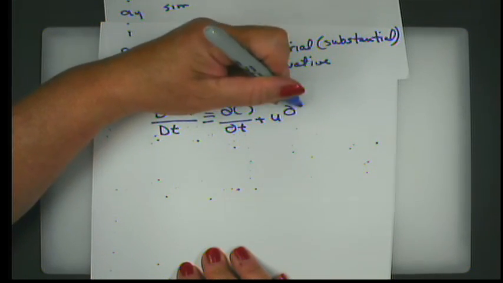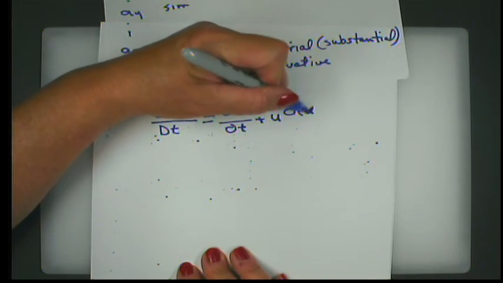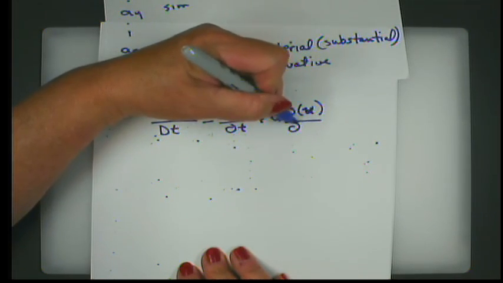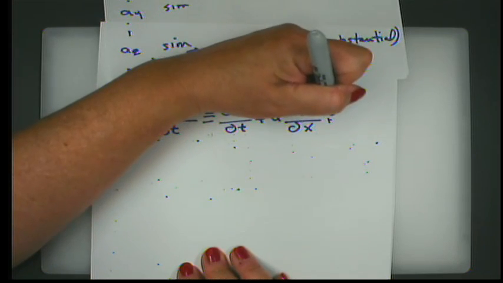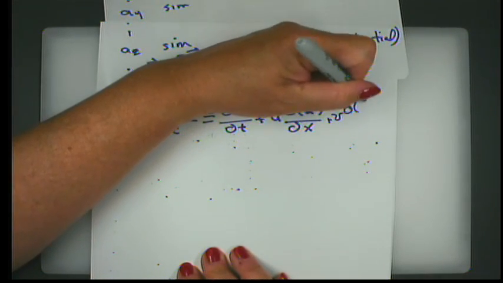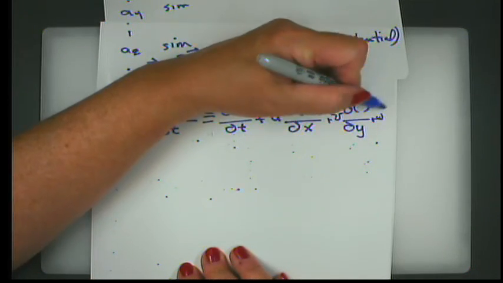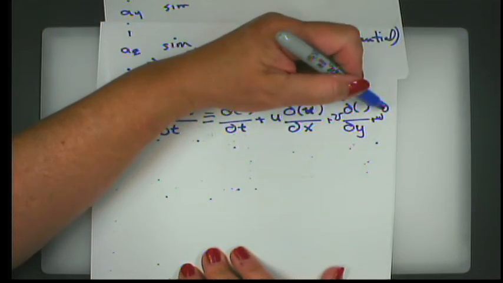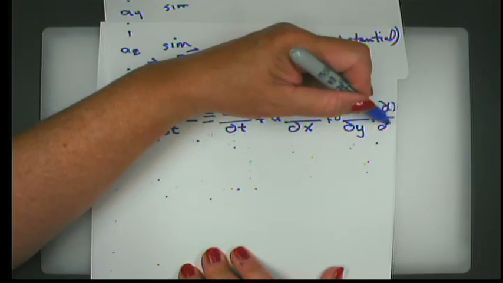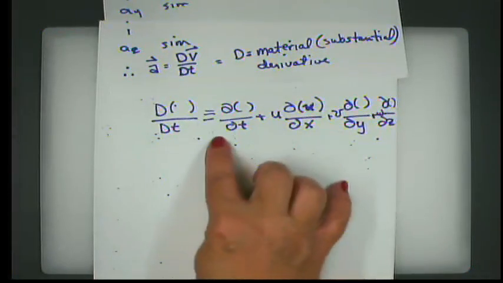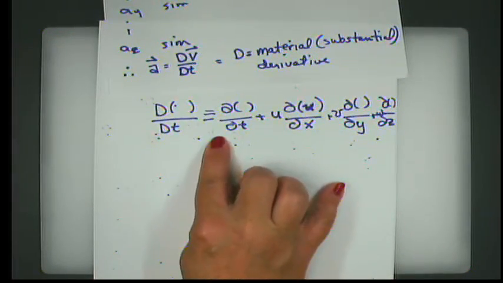This is actually stated really clearly in your textbook, but I just kind of want you to get a feel for what it looks like. And then, of course, we've got the w del whatever over del z. All right, so we're looking at all the directions and time.